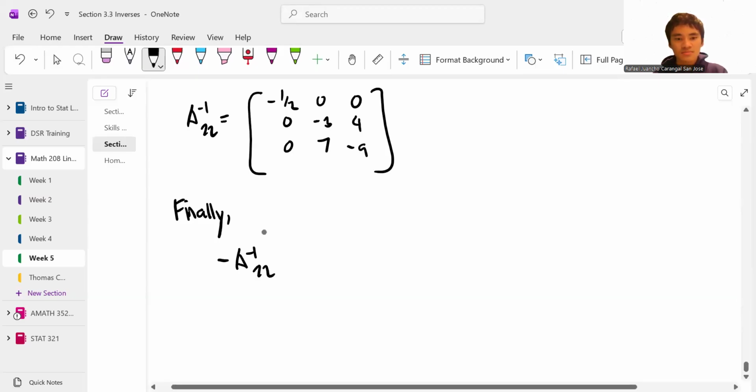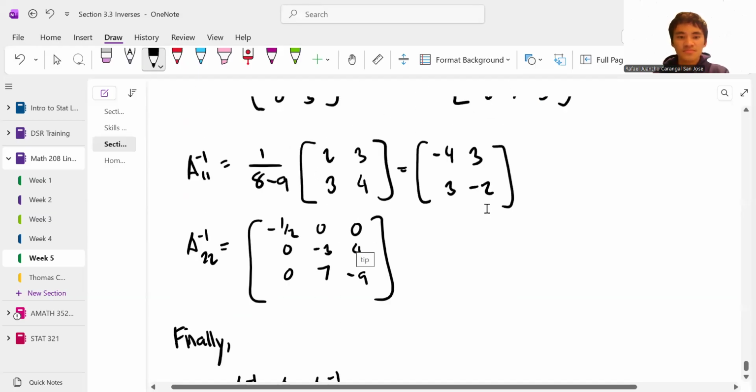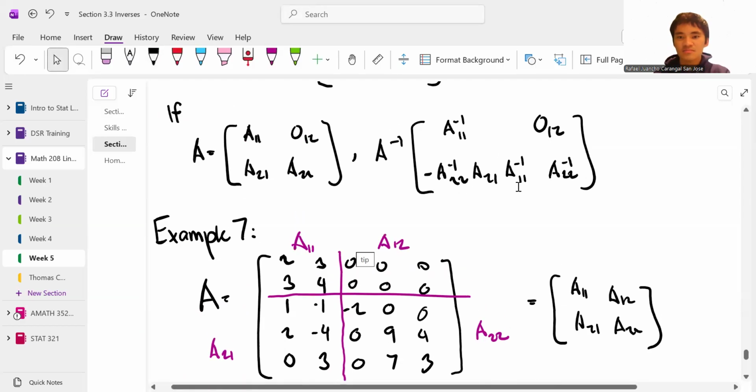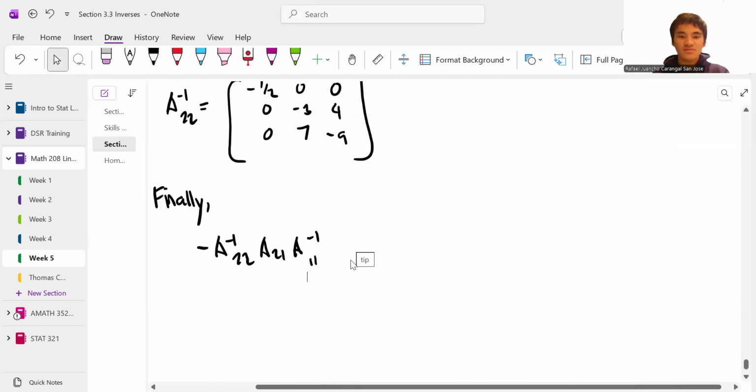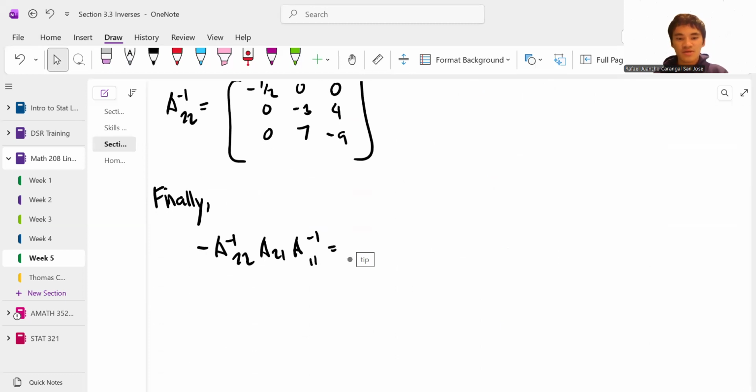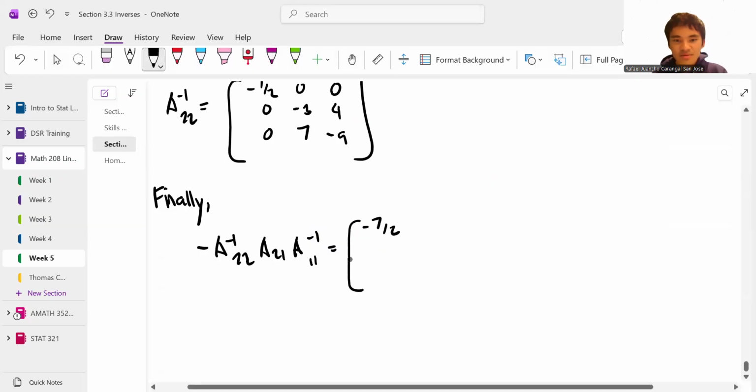This times, we already have this one, and we just need this one. We already have the inverse, we already have this, so we just compute what we need and we're going to get, holy moly, no, I'm kidding. It's not even that bad. I'm kidding, it's bad.